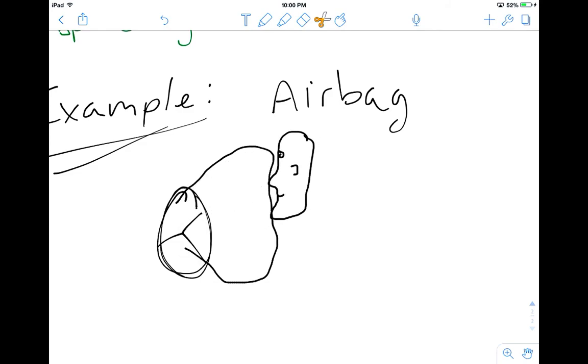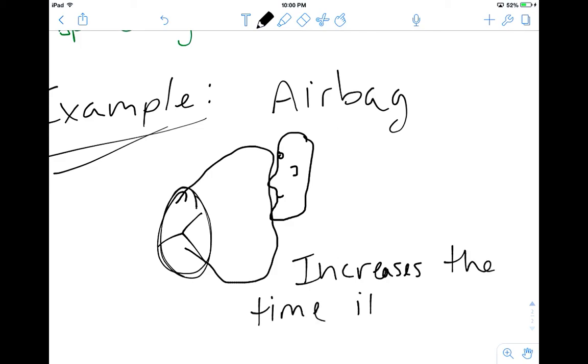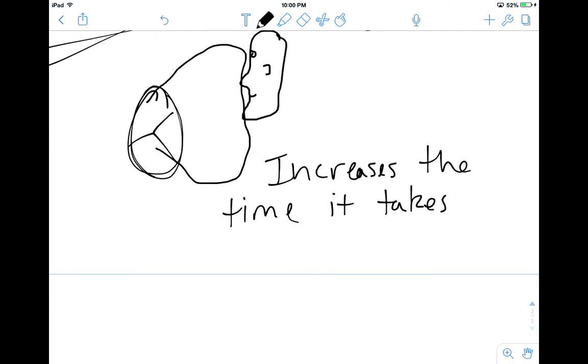But what the airbag does is it increases the time it takes for your head to slow down.